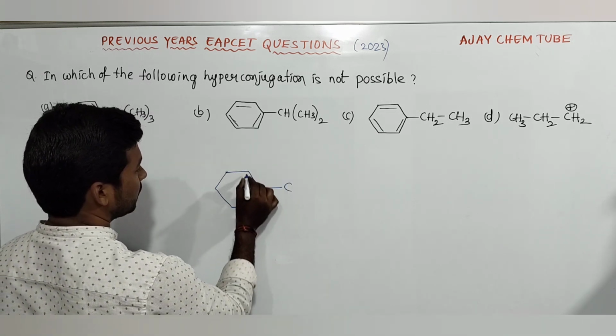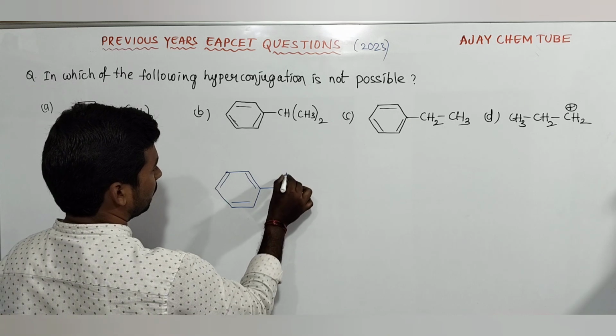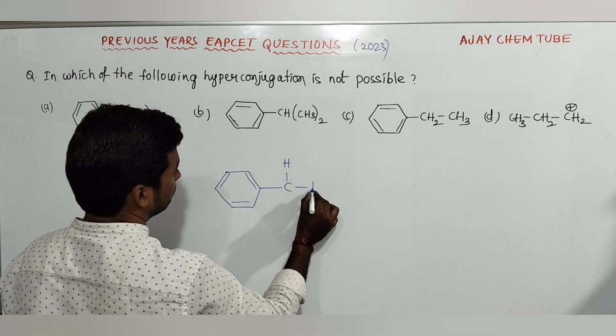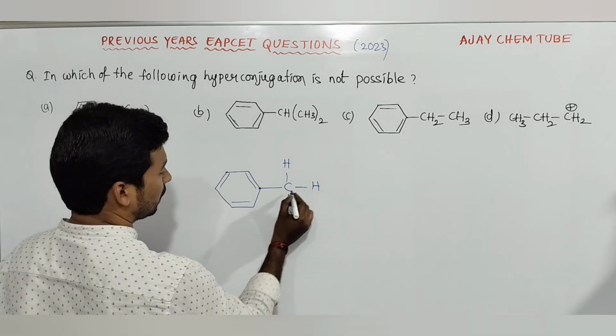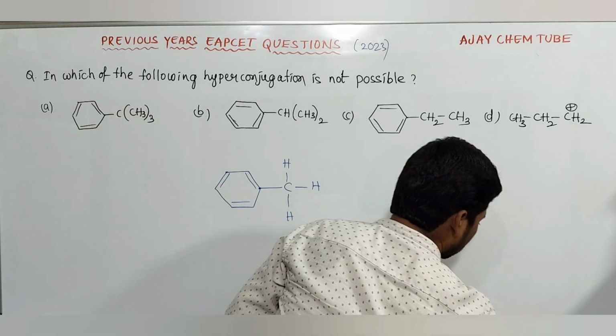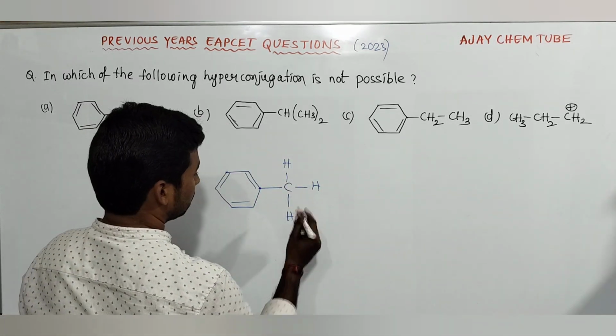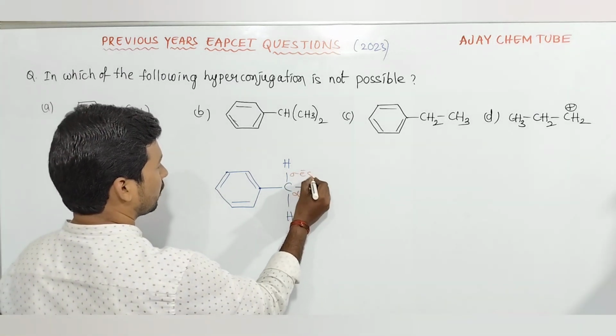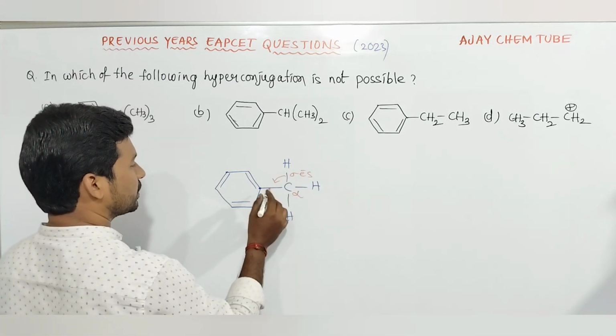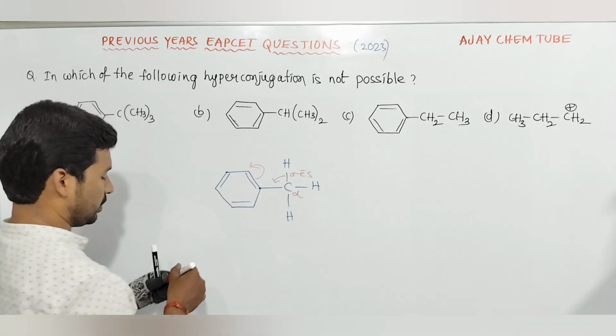Hyperconjugation is possible in these cases whenever there is alpha hydrogen, sigma electron. So this is alpha carbon. These are sigma electrons. Alpha carbon, sigma electron shifted here, then this bond shifted here.